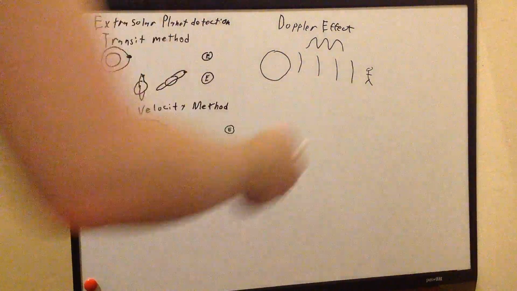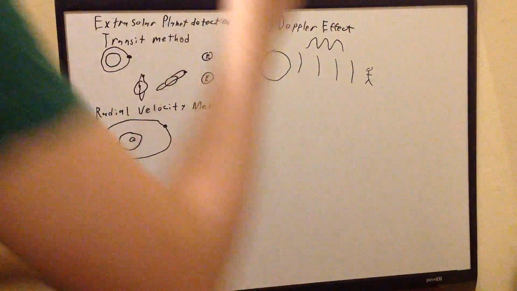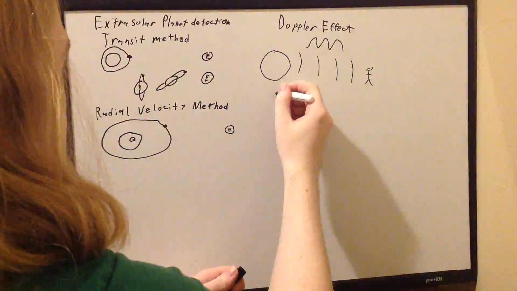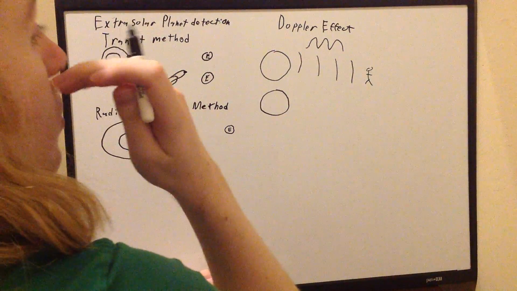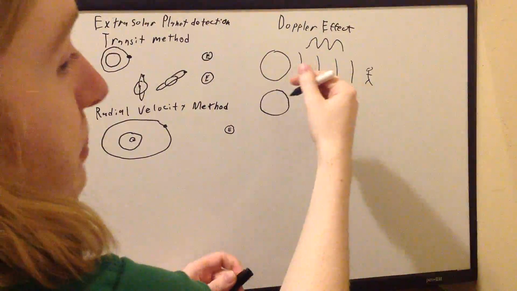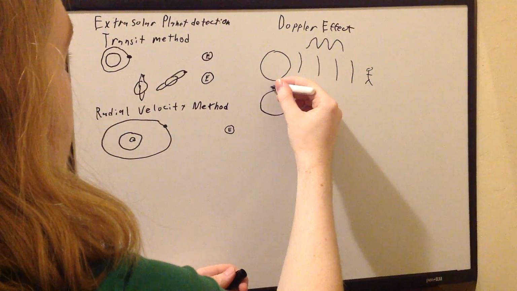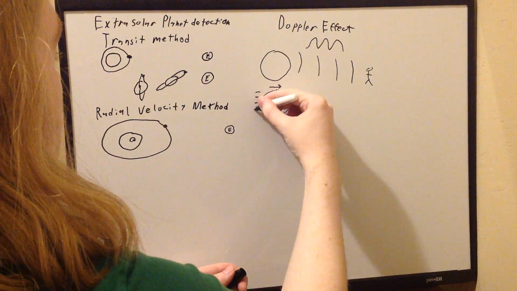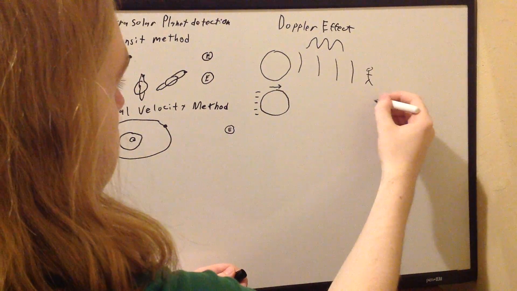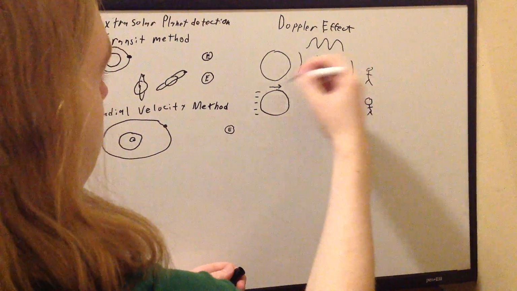So this is like the normal situation. But now, let's imagine a slightly different situation. We have the same wave-emitting thing, and it's emitting the same kinds of waves in the same way. Except now, it has a speed. It's moving towards the person with some speed.